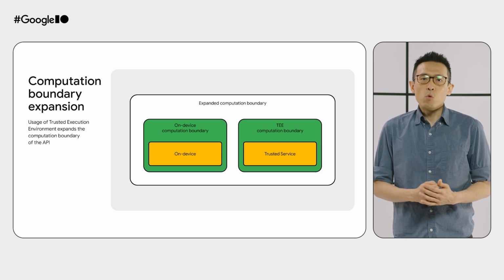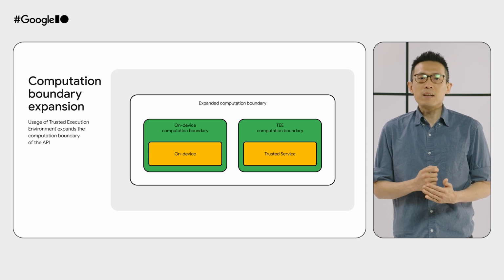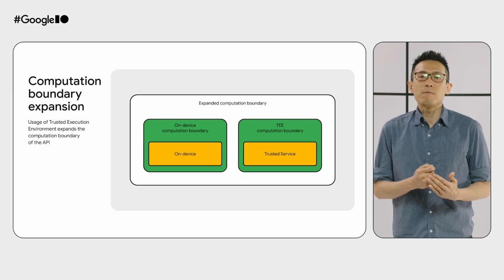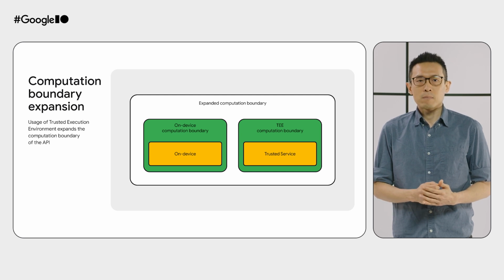To do this, we need to have a way to extend the boundary of computation beyond the device without leaking any additional information to the ad tech before the final summary report is ready. To do this, we'll use a Trusted Execution Environment, or TEE, to allow us to securely aggregate reports from many devices and add the right amount of noise before releasing the results.